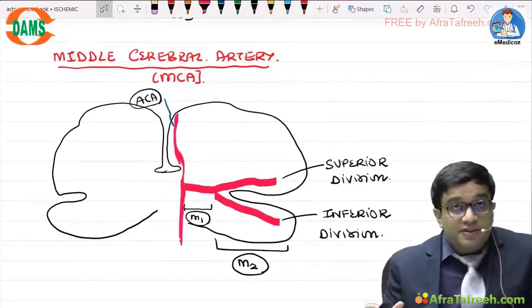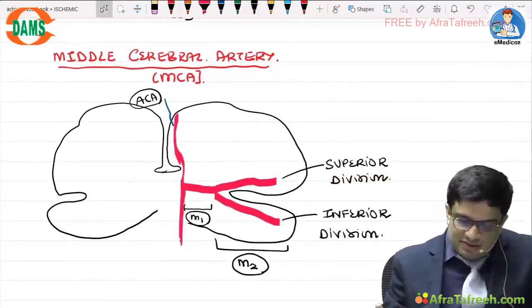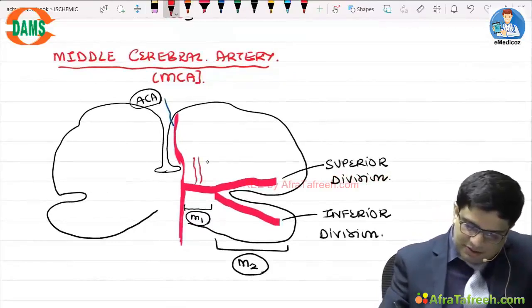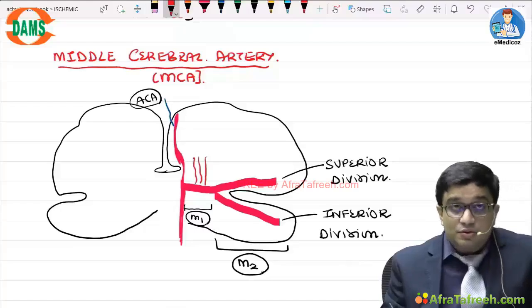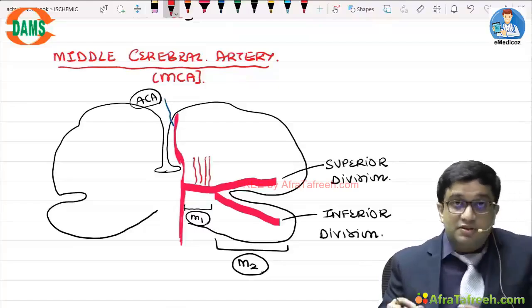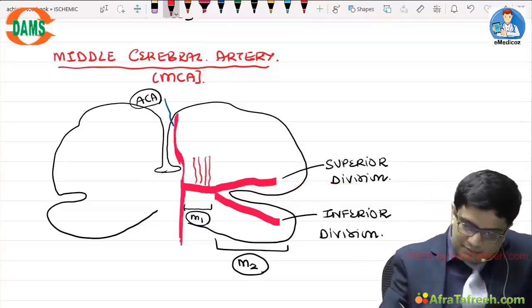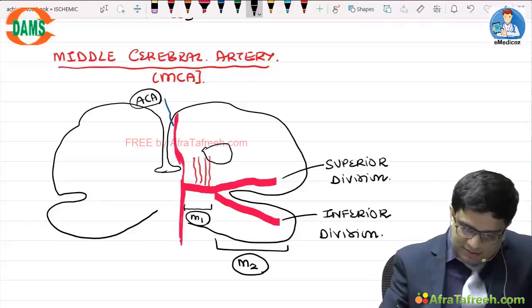So what do we find? What is the M1 supplying? Actually the M1 gives the arteries which supply the deeper structures in the brain, and those deeper structures are structures located in the basal ganglia. Maybe I can make a diagram of the basal ganglia. One may be the thalamic part, right? The lentiform nucleus laterally.